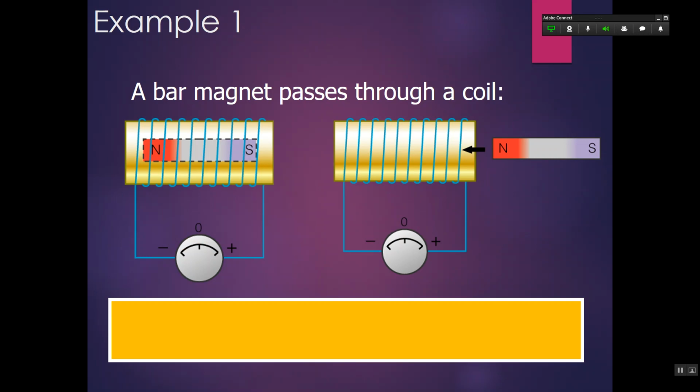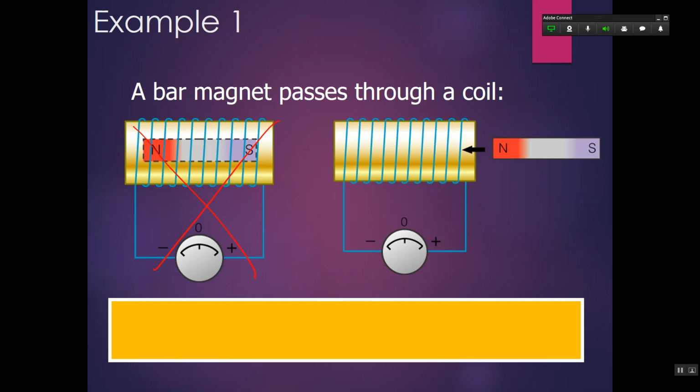So in this situation, we'll forget about the first drawing here because it's kind of confusing. It's kind of backwards the way they drew it. I have a magnet entering a coil, right? And you want to figure out in which direction the current is going to be induced. Draw your magnetic field lines.